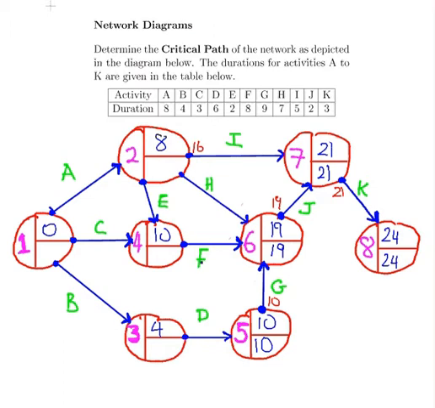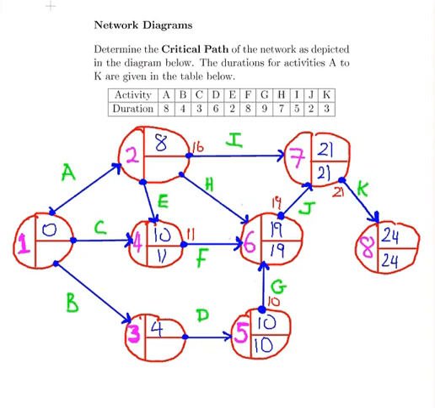Let's look at node 4. Well, we have F, that takes 8 time units, so 19 minus 8, that would give us 11. And again, this is the only activity we have to consider. It's the only one that points back, so that's going to be an 11 there.